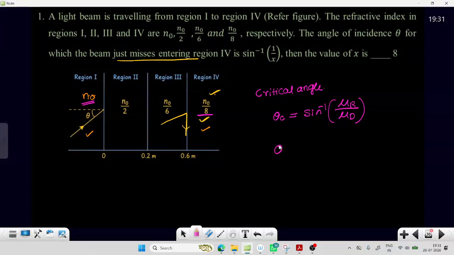So how much is the critical angle here? Sine inverse of what? In this medium, the refractive index is n naught. In the other medium, the refractive index is how much? Sir, n naught by 8. Which is the smaller value?